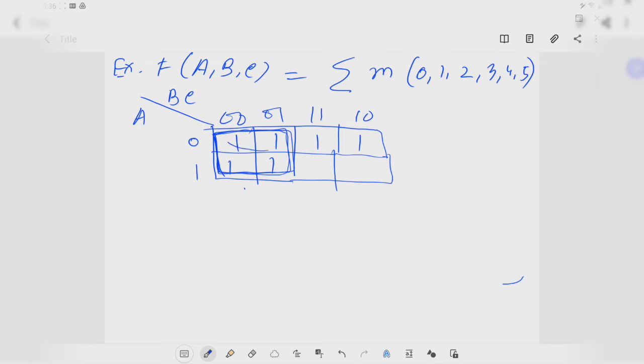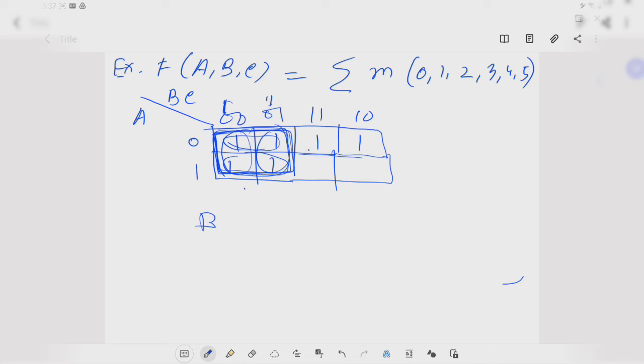For the first two ones, A is 0. For the second 2 ones, A is 1. So A is not common. How about B? B is 0 for each of the ones, so we got B prime. How about C? C is 0 for the first 2, and C is 1 for the others. So C doesn't work in this case. So we got only B prime.